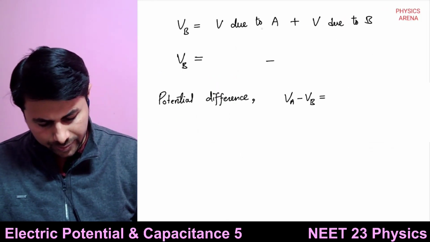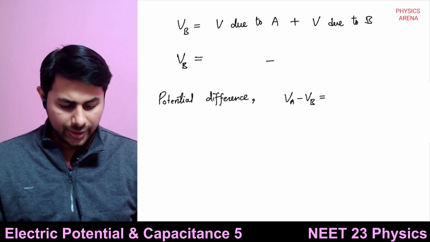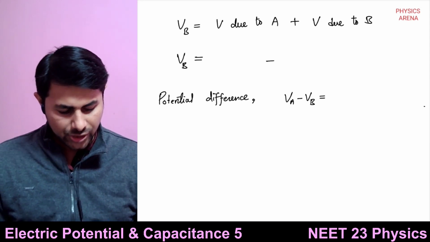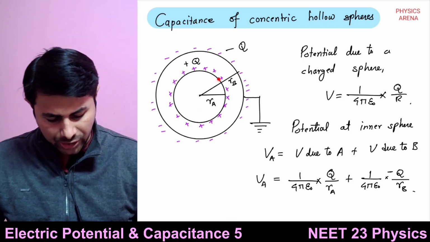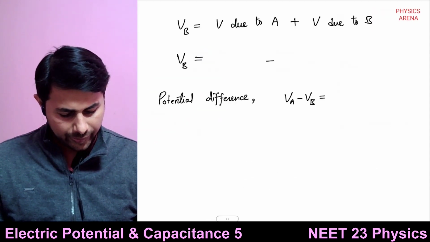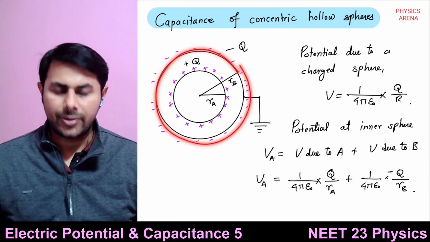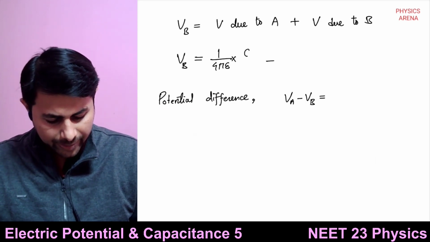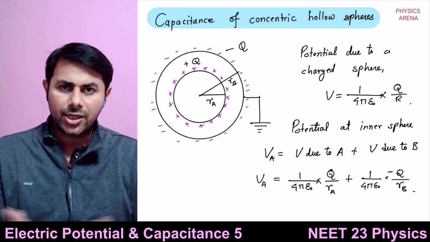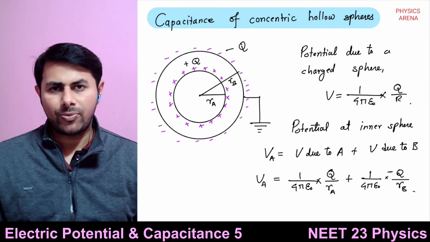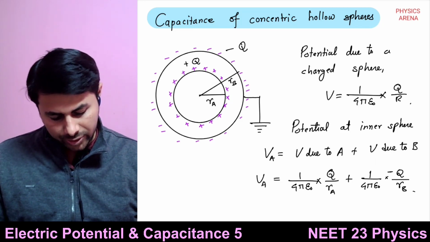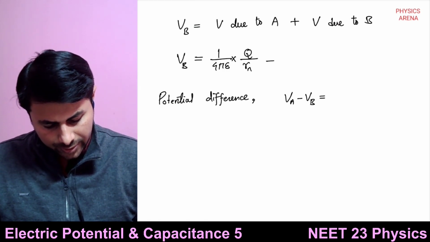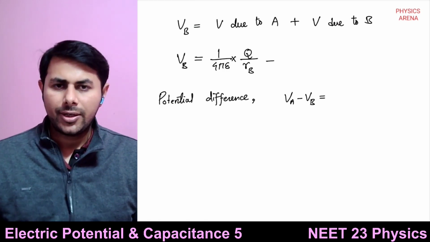It is the potential due to sphere A plus the potential due to sphere B. The potential due to A at any outer point will be 1 upon 4 pi epsilon naught multiplied by Q upon the distance of that point from the center, so it is Q upon RB.